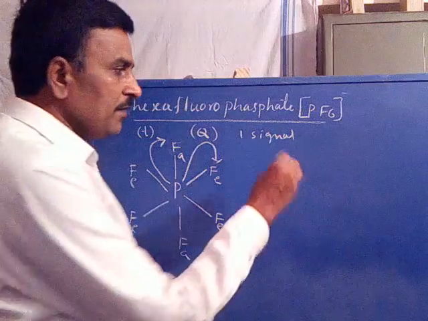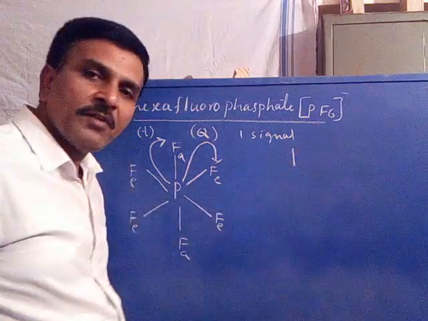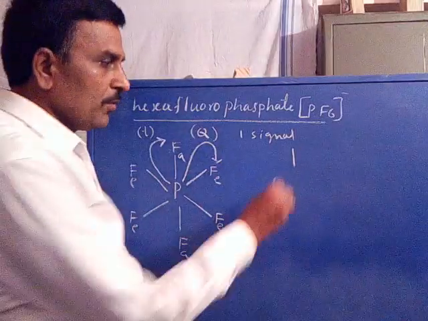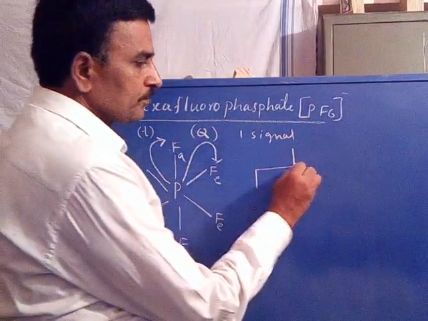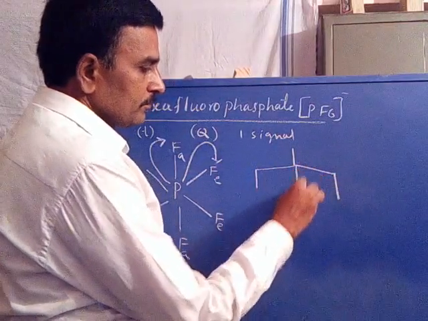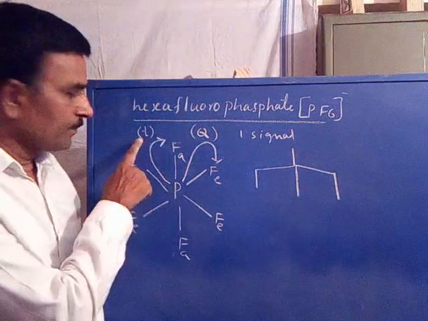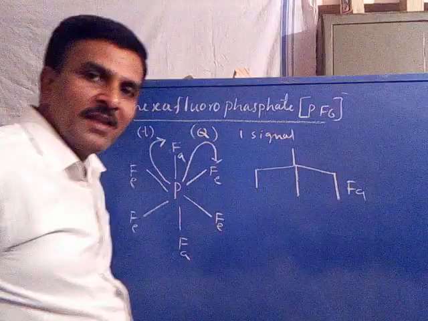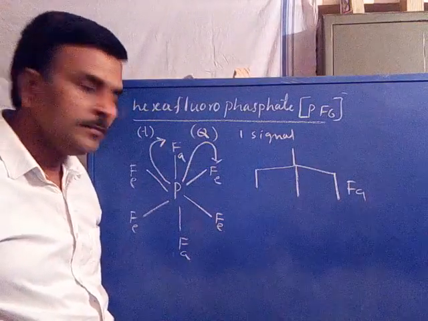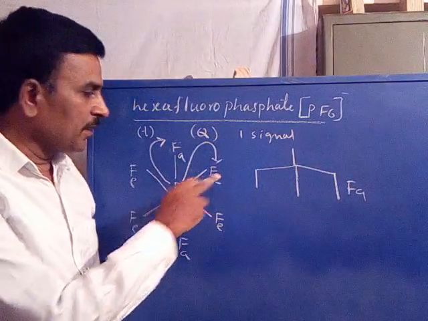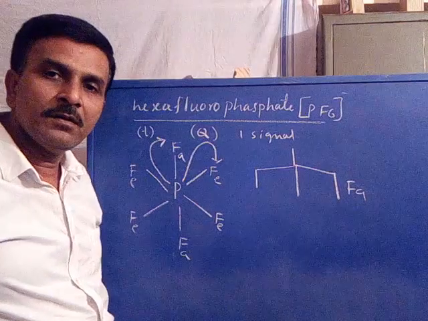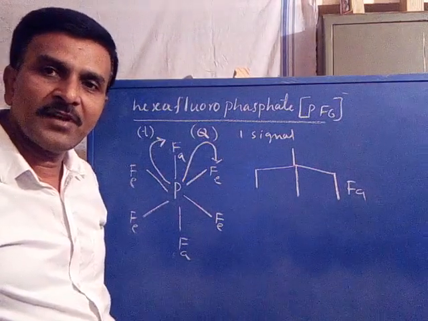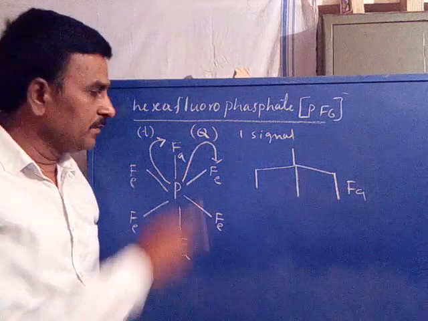How is it multiplied? First, a singlet for phosphorus before coupling. When coupled with two axial fluorines, it becomes a triplet due to FA coupling, axial fluorine coupling. Now the same phosphorus, when coupled with the 4 equivalent fluorines, what happens? Every line of the triplet is further split into a quintet.